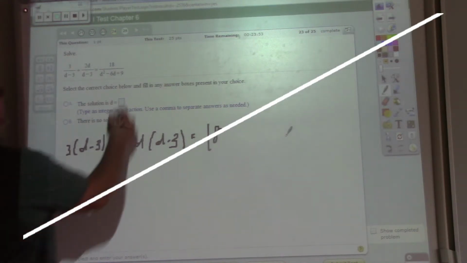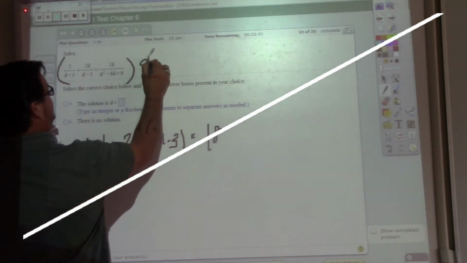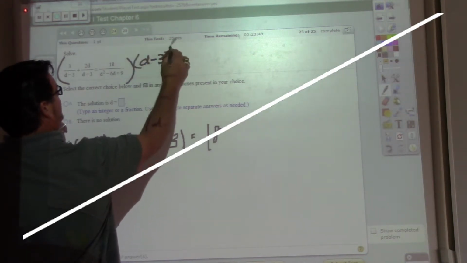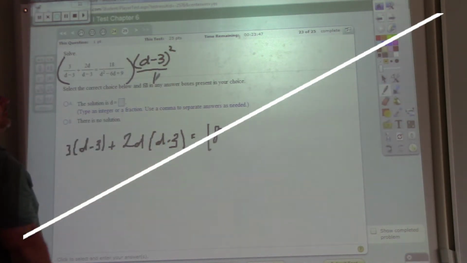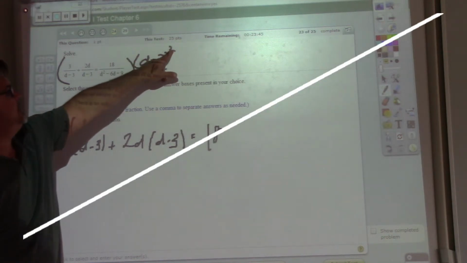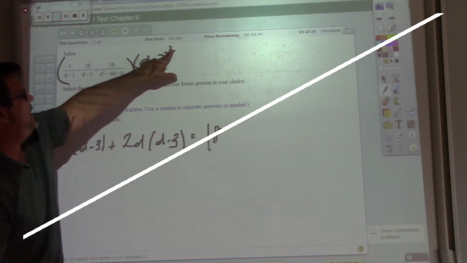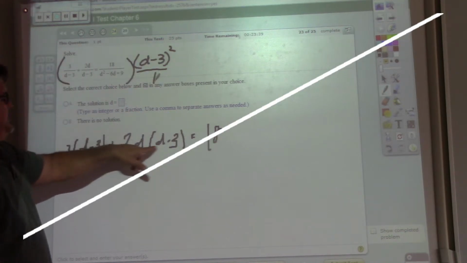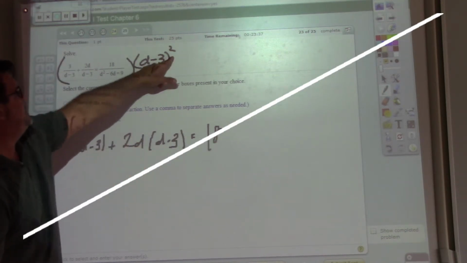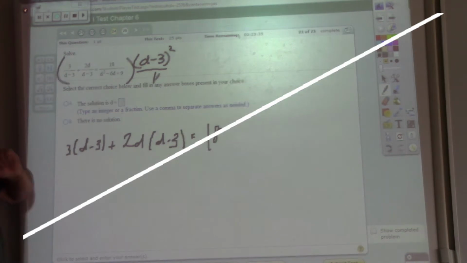Because basically you're multiplying by d minus 3 quantity squared over 1. And the d minus 3's cancel, make that a 1 times 3. And the d minus 3 cancels with that to make a 1 times that. And then this cancels with that for 18.